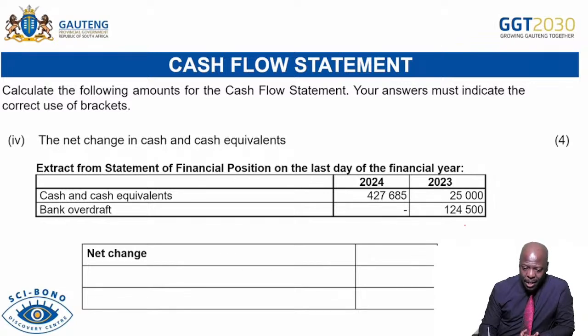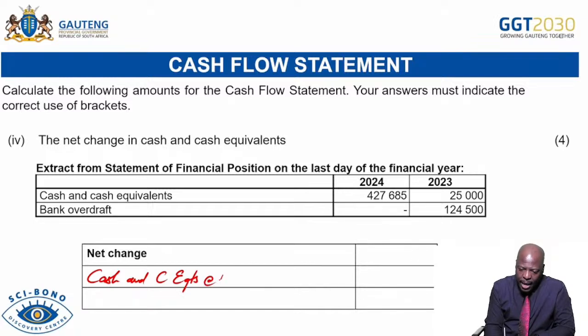Okay, so let's begin with cash and cash equivalents at the beginning. I'm going to call this cash and cash equivalents at the beginning, and then here you're going to get cash and cash equivalents at the end.